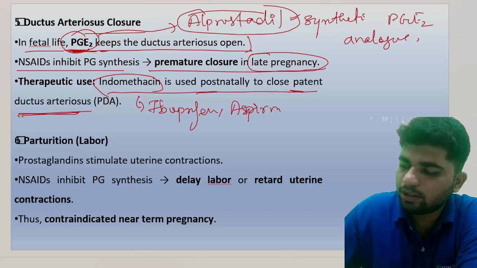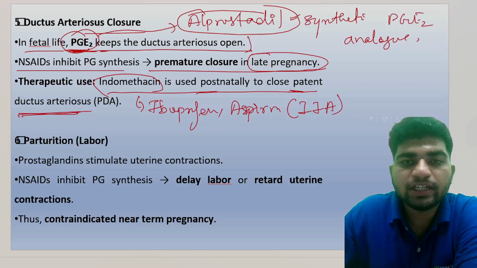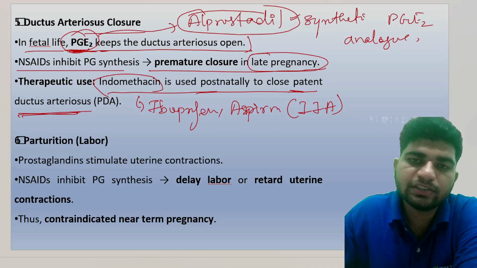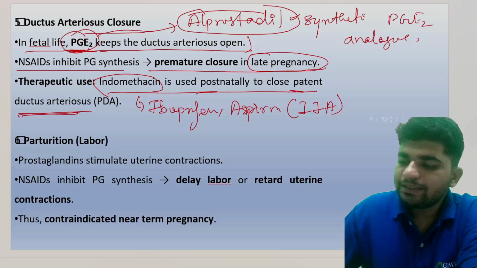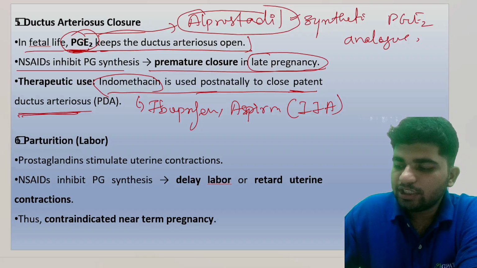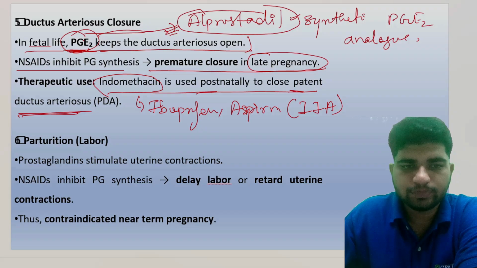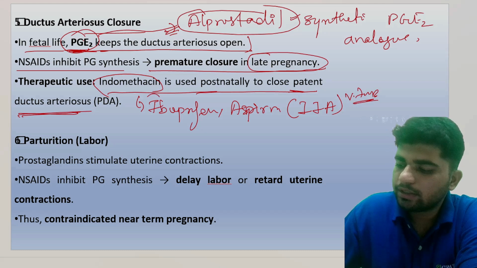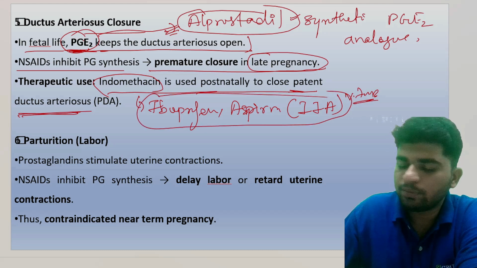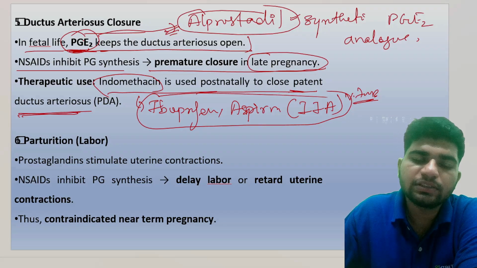These three drugs can be learned through IIA. IIA is used postnatally to close the patent ductus arteriosus. And the PGE2 analog, alprostadil, keeps the ductus arteriosus open. These are the two main things that are very important. They can ask you a question directly from here. Ibuprofen, indomethacin, and aspirin are usually given to close patent ductus arteriosus.